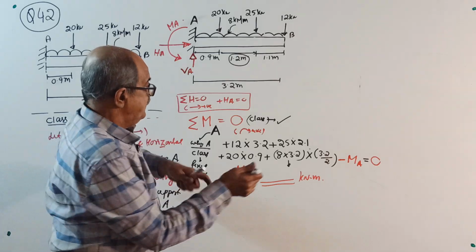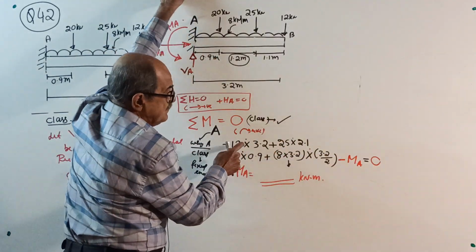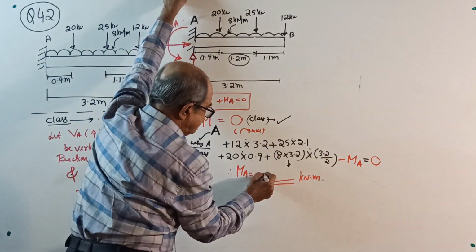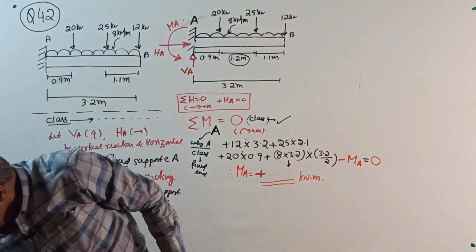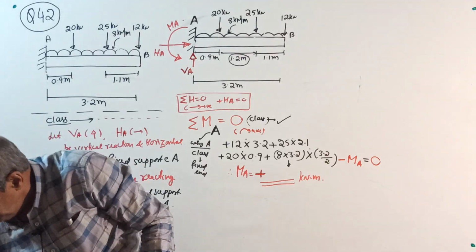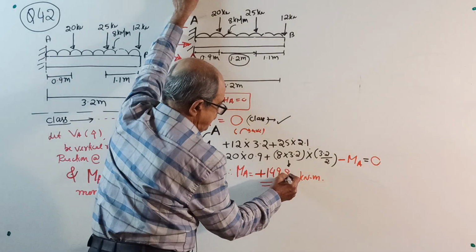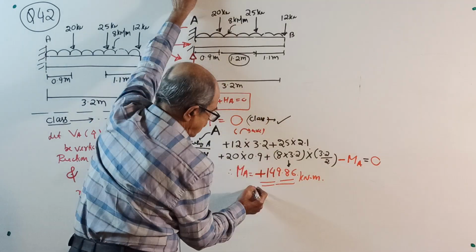Remember, this is minus MA, so that side becomes plus MA. MA comes plus, 149.86 kilonewton meter.